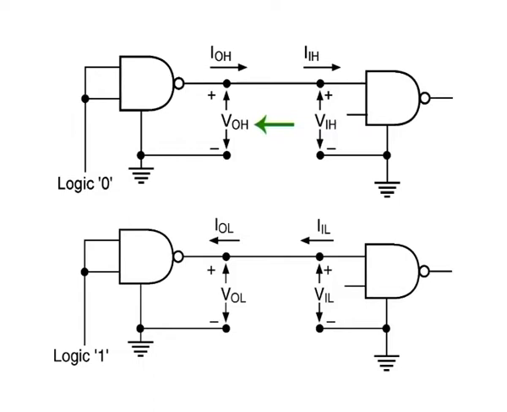It may be mentioned here that for a given logic family, the VOH specification is always greater than the VIH specification to ensure output to input compatibility when the output of one device feeds the input of another.